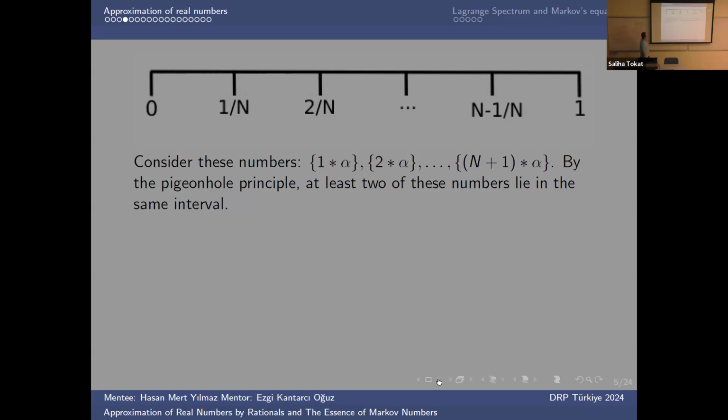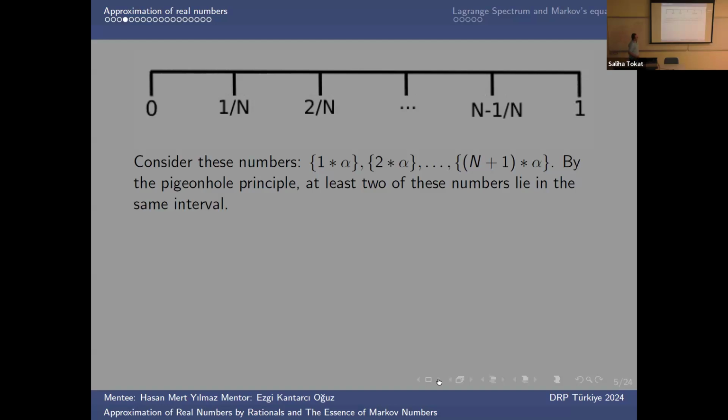Then consider these numbers: the fractional part of 1 times alpha, the fractional part of 2 times alpha, up to the fractional part of n plus 1 times alpha. And there are n plus 1 numbers. So two of them must lie in the same interval by the pigeonhole principle.